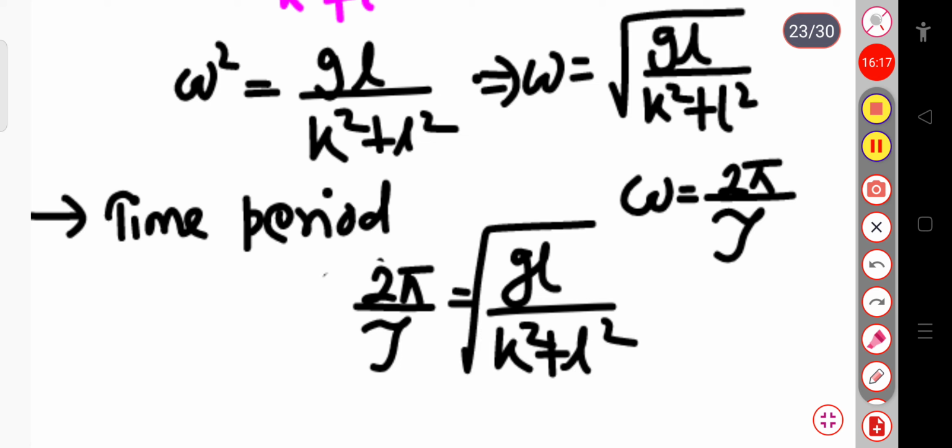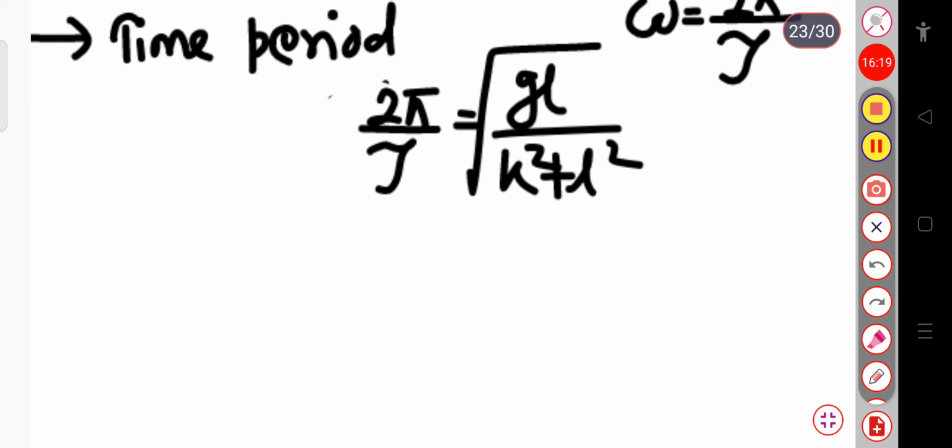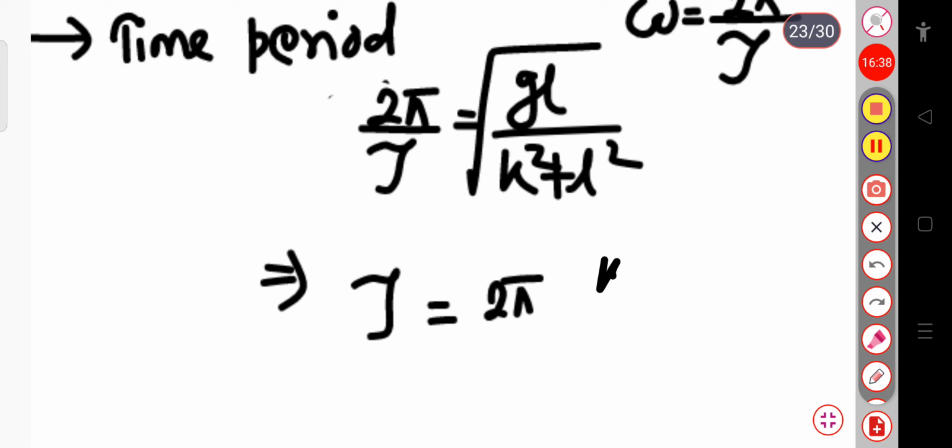If I take the reciprocal of this, then tau by 2 pi will be equal to root over of (k square plus L square) divided by gL. So this tau will be equal to 2 pi into root over of (k square plus L square) divided by gL.